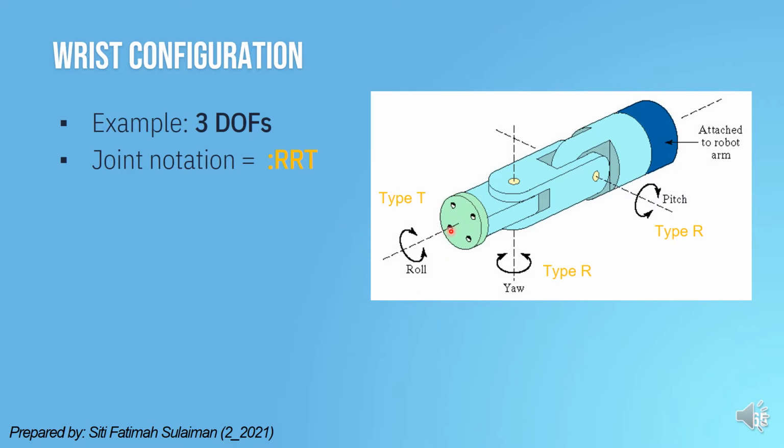Since the wrist involves type R and type T joints, the joint notation for the wrist is semicolon RRT. Remember, this is the first section and this is the second section. Since the wrist is involved only in the second section, the joint notation is only R, R, and T.